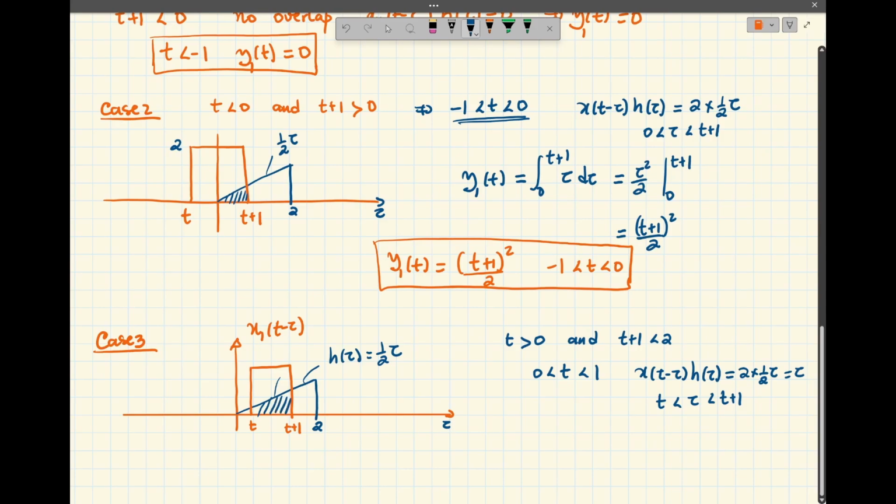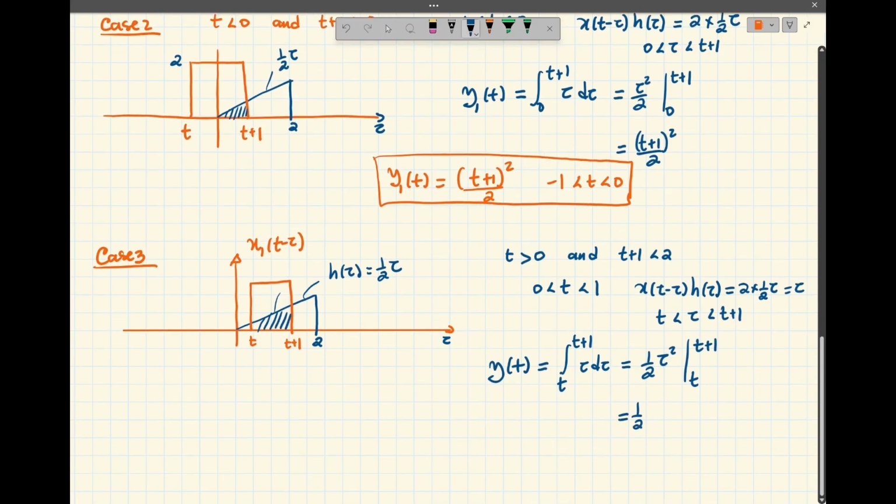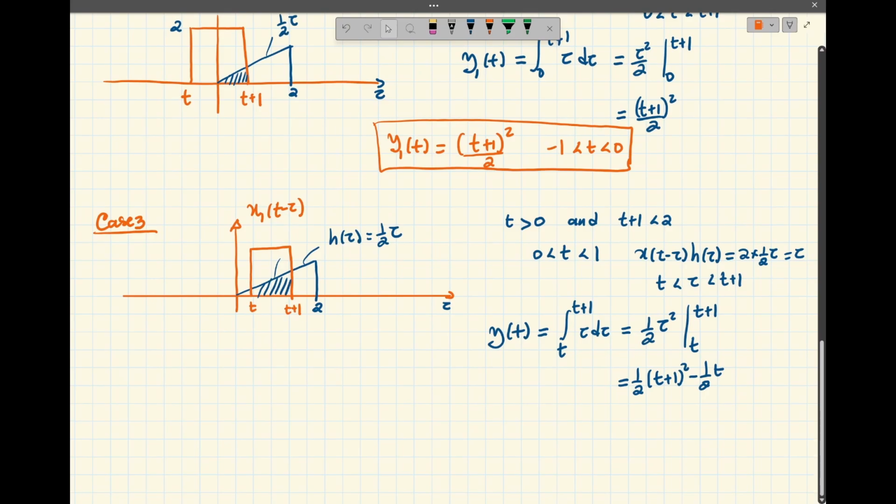The overlap is here. So y of t is integral from t to t plus 1 of tau d tau, so that is 1/2 tau square from t to t plus 1, so that gives me 1/2 (t plus 1) square minus 1/2 t square.